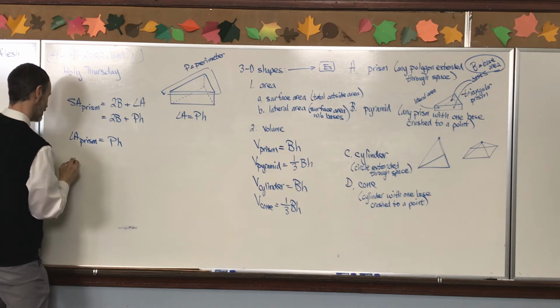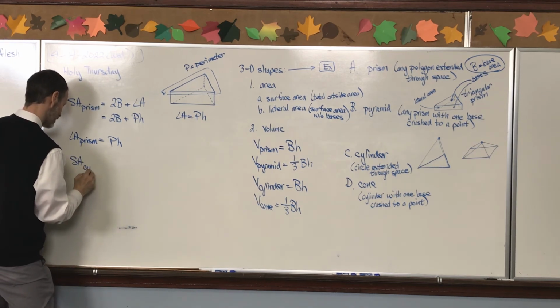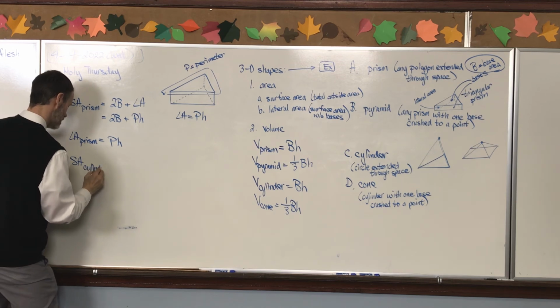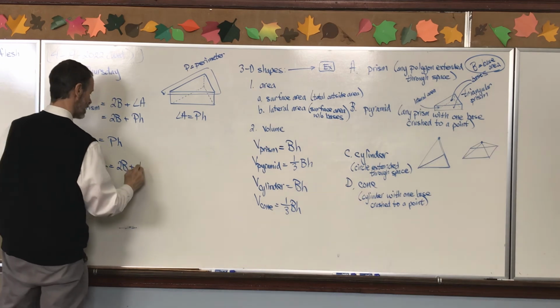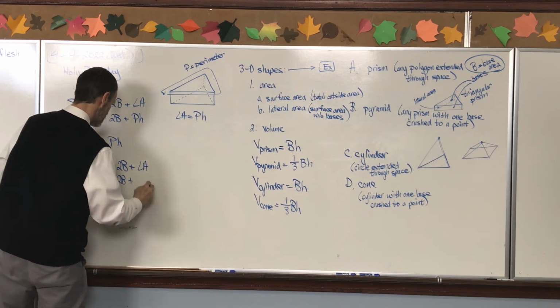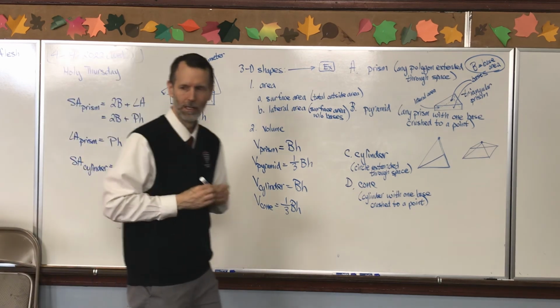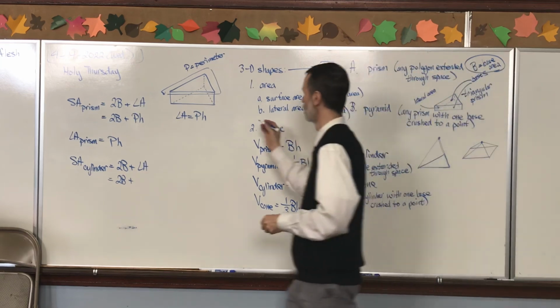Now let's try a cone. Surface area of a cone, or a cylinder rather, first. It's going to be 2B plus the lateral area. How do you get the lateral area? How do you get a hollow cylinder?